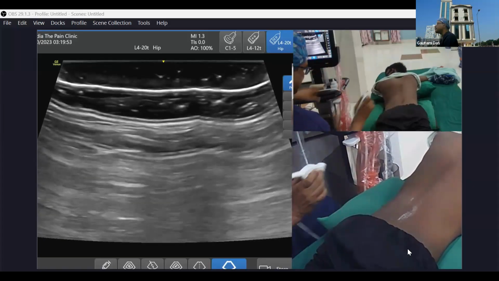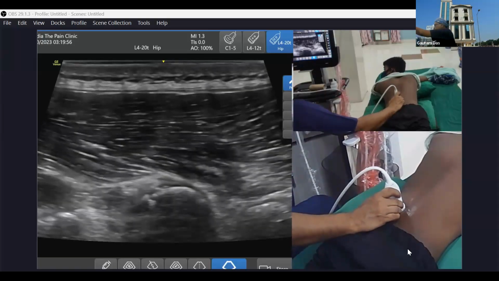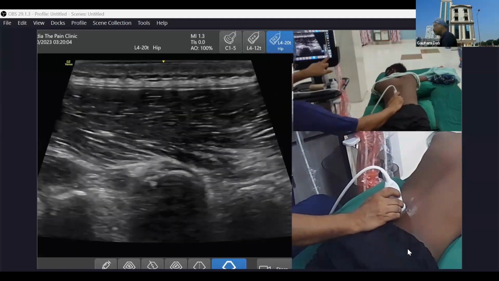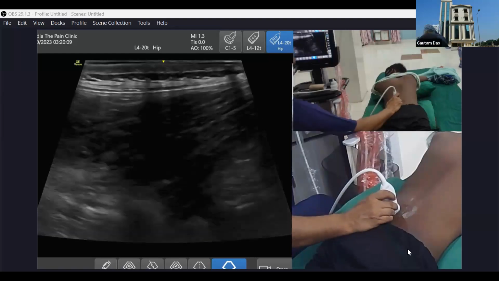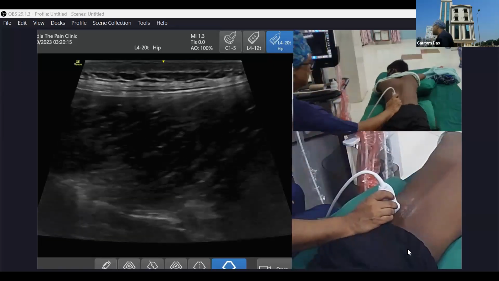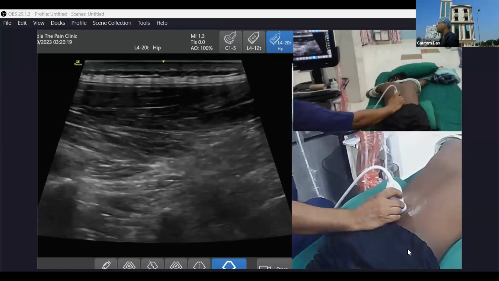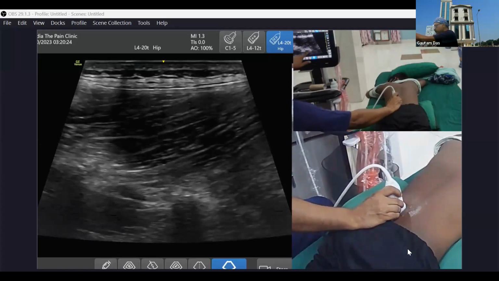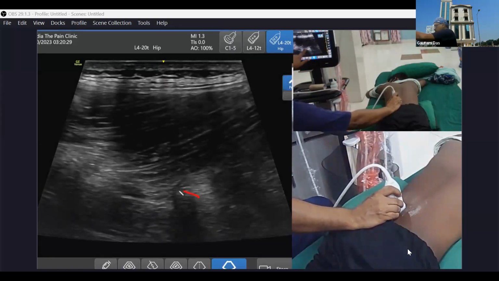You see, here, this was your transverse process. Can you appreciate? Let me increase the depth a little bit. So this was your transverse process.